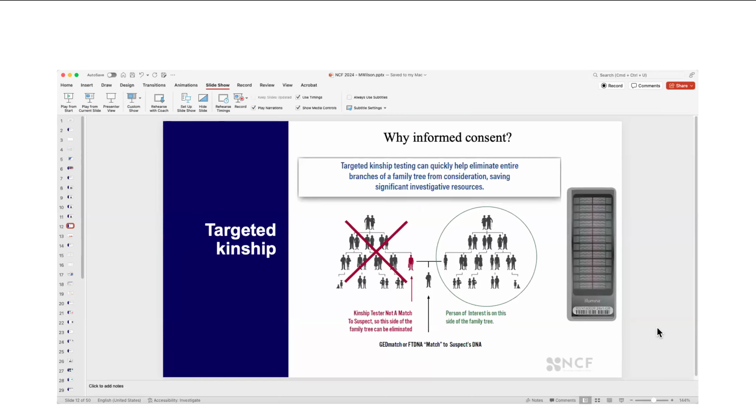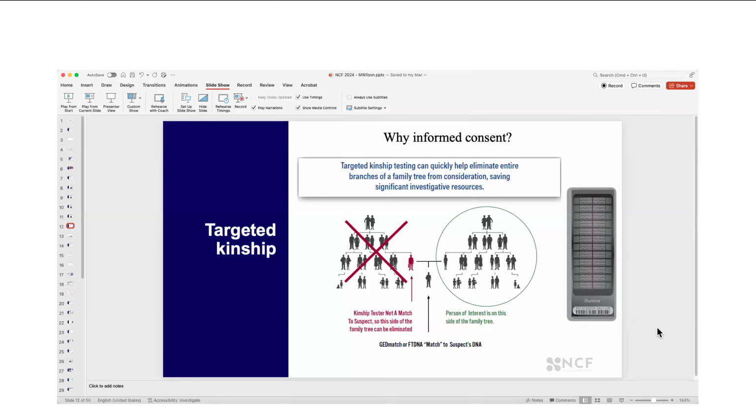They will load that DNA sample after they've extracted it from your saliva. They will load that DNA sample onto the chip, and these chips then generate the 850,000 SNP markers, which can then be uploaded into a database to further refine the relationships. So as you can see here, the kinship tester is not a match on the left or is a match on the right.